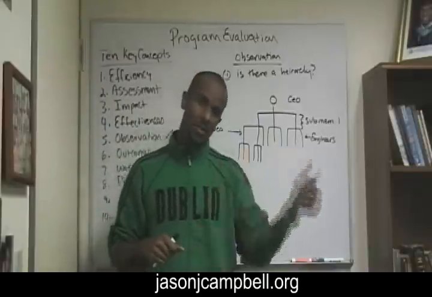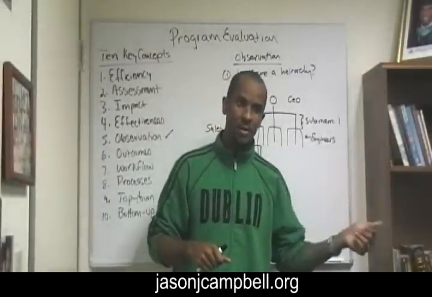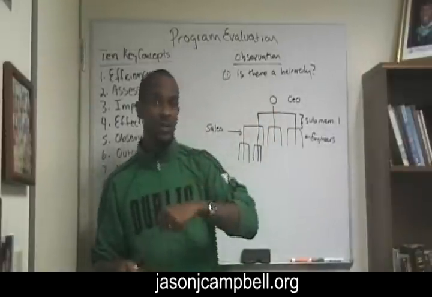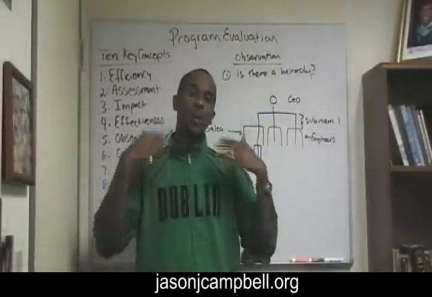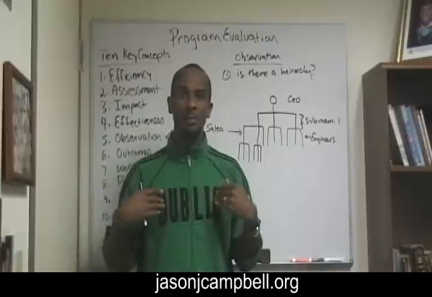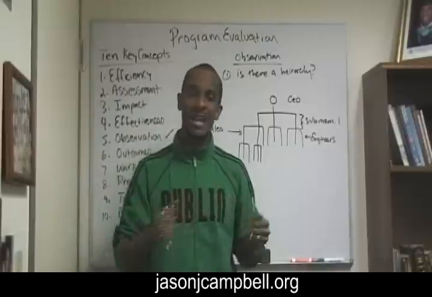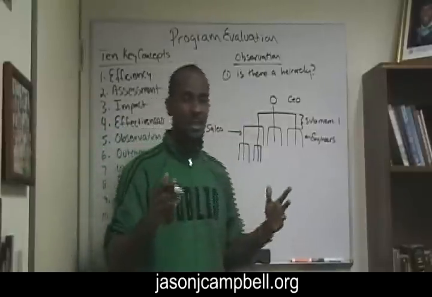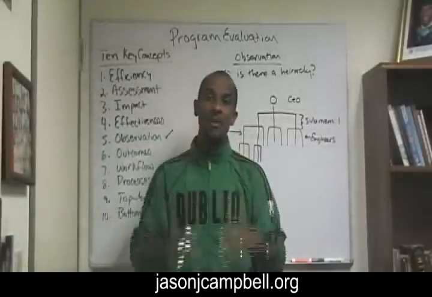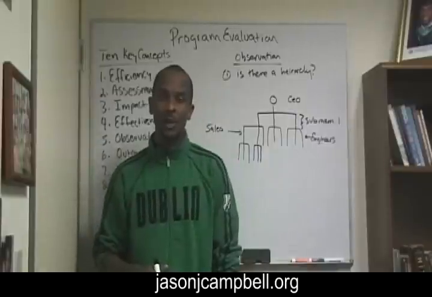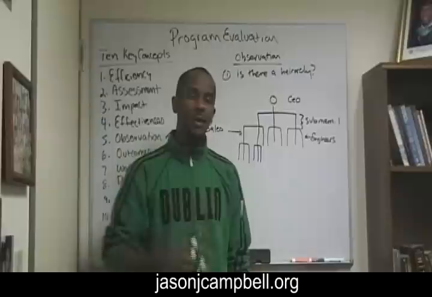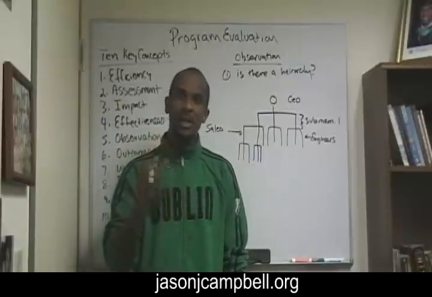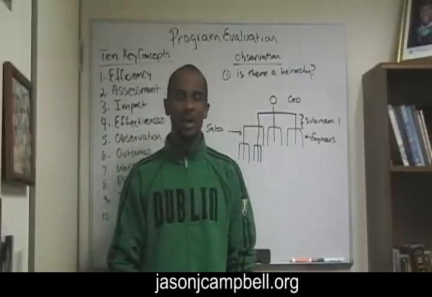So the sales team is upset with the engineers because the engineers aren't satisfying the demands of the customer, and the engineers are upset with the sales team because the sales team are promising things that they don't have the ability to create, to produce. So here's the tension. So the CEO gets upset, and he or she says, hey, we want to hire you, program evaluator X, come in, help me out, let me know what's wrong with my company. Do an assessment, give me your suggestions so that I can make this better.